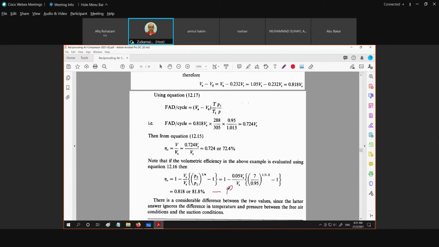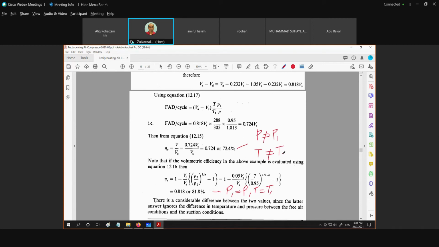Kita dapat this value. Tapi bila kita dapati untuk case di mana P is not equal to P1 and T is not equal to T1, nampak? Kita dapat efficiency dia lagi turun, 72%.